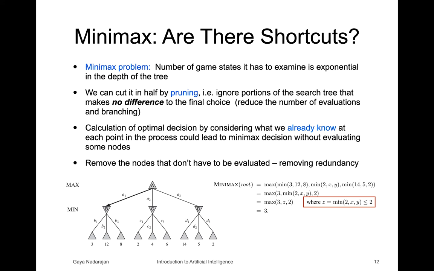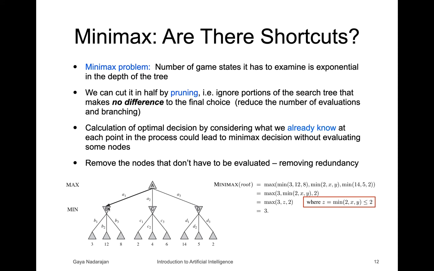So let's say we start the search and we do a DFS, and as we go along we have computed some values that Max can have and some values that Min can have.